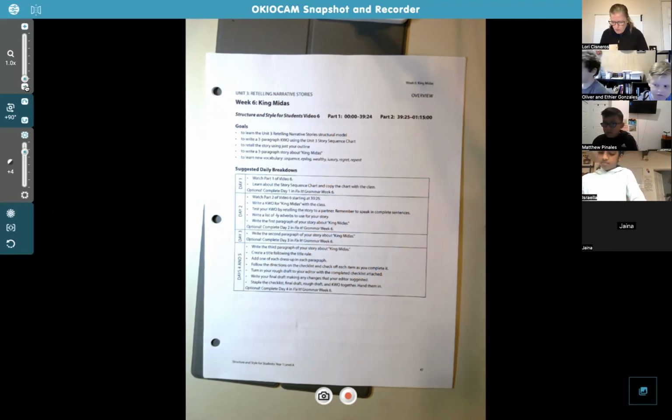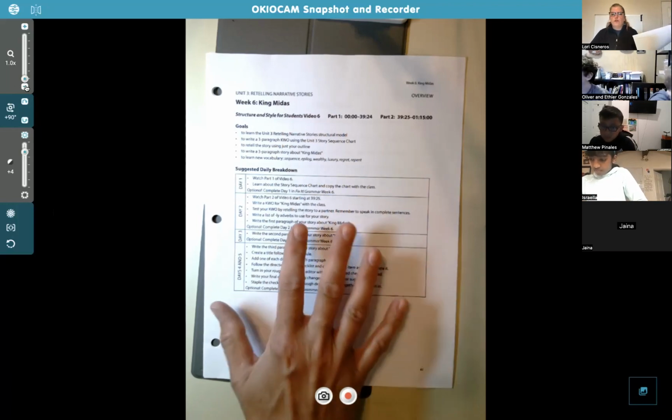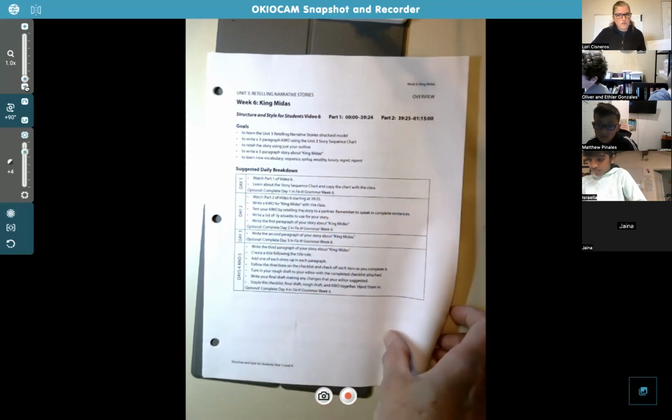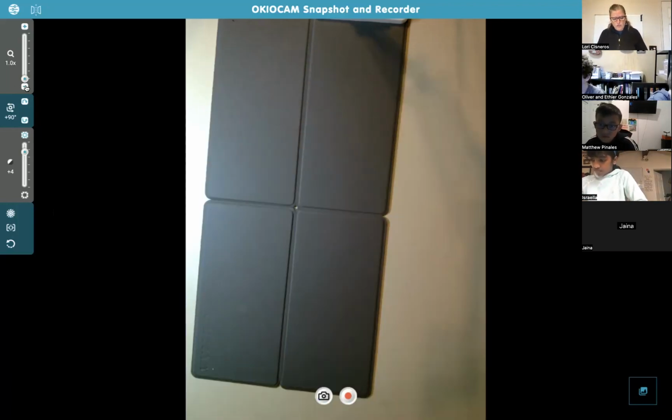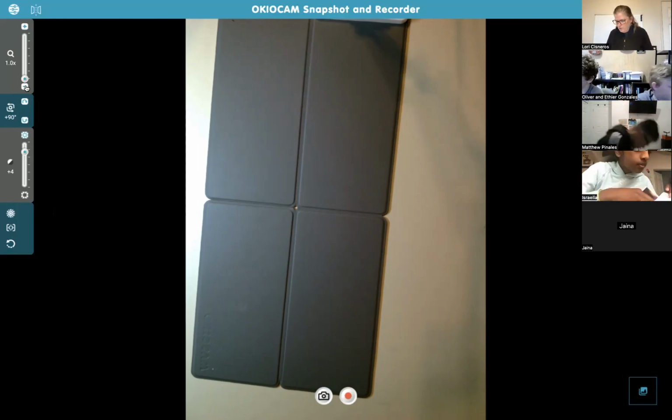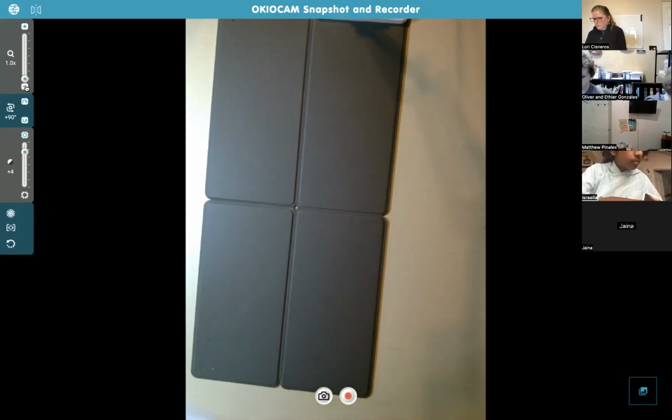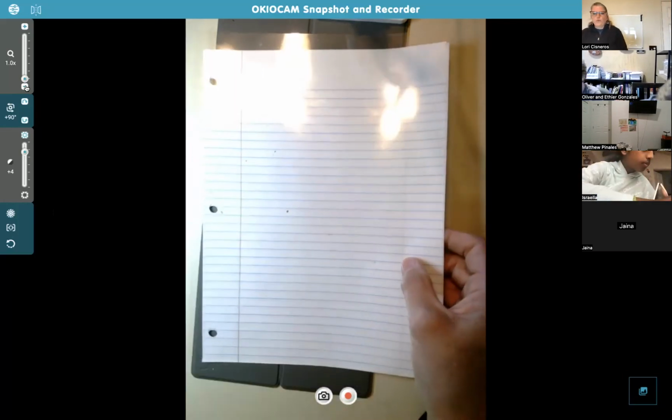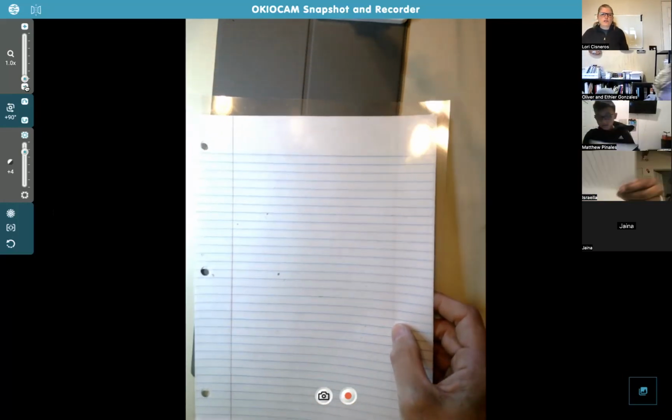So before we get started too far into these 3 pages we pulled out, I do want you to start with a clean sheet of lined paper, and we're going to take some notes first. I'm going to talk to you about what we call a story sequence chart.